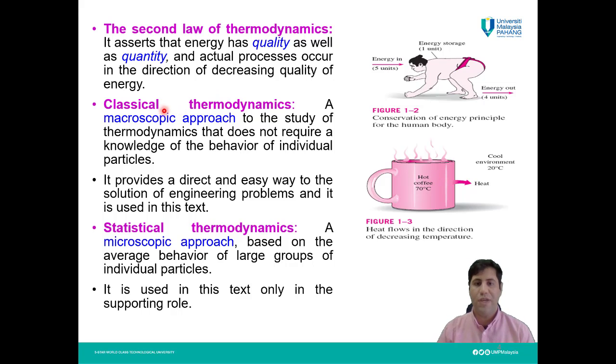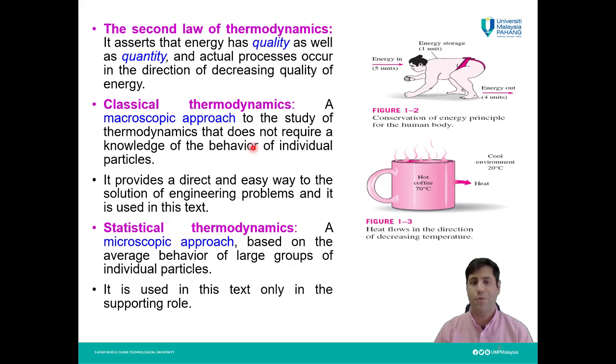And also we can consider problems related to thermodynamics with 2 different methods: classical thermodynamics and statistical thermodynamics. Classical thermodynamics is a macroscopic approach to the study of thermodynamics, and it does not require knowledge of the behavior of individual particles. So we just consider the thermodynamics problem from a macroscopic approach.